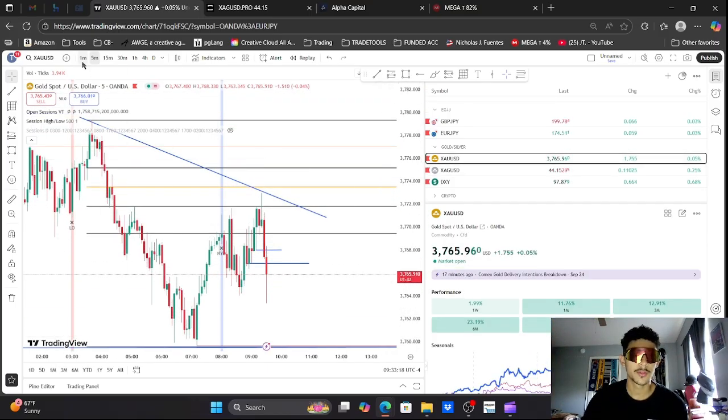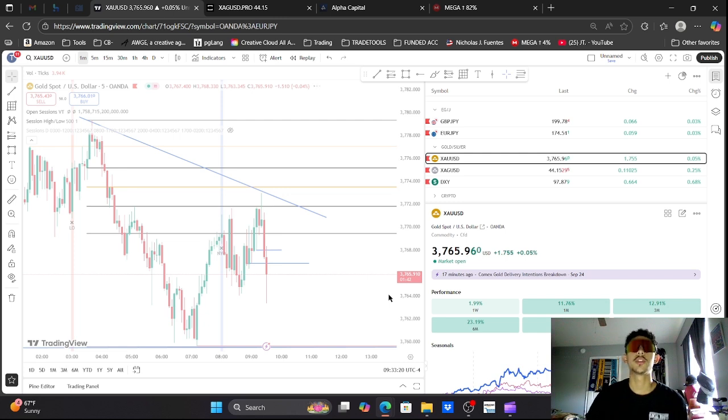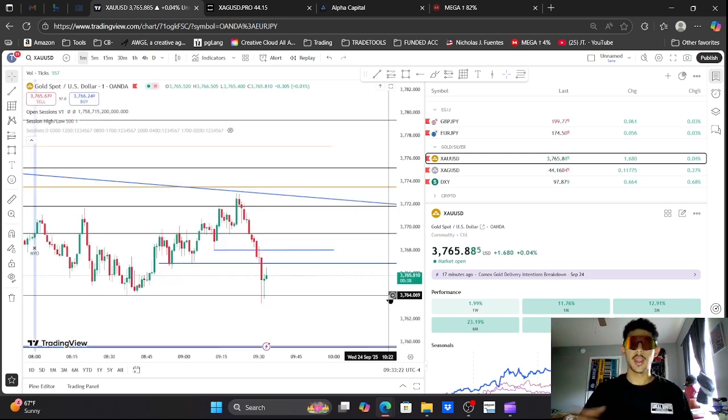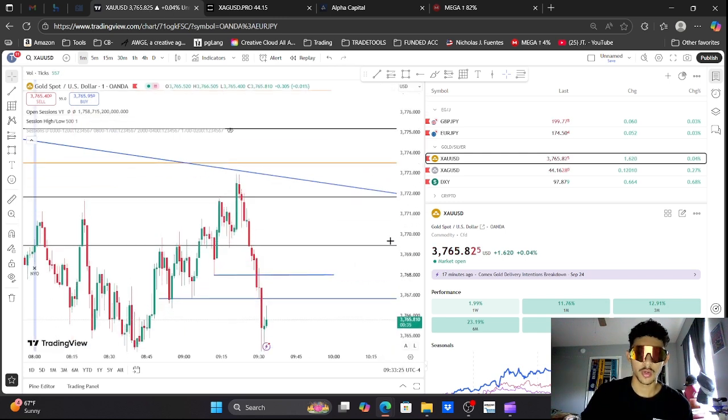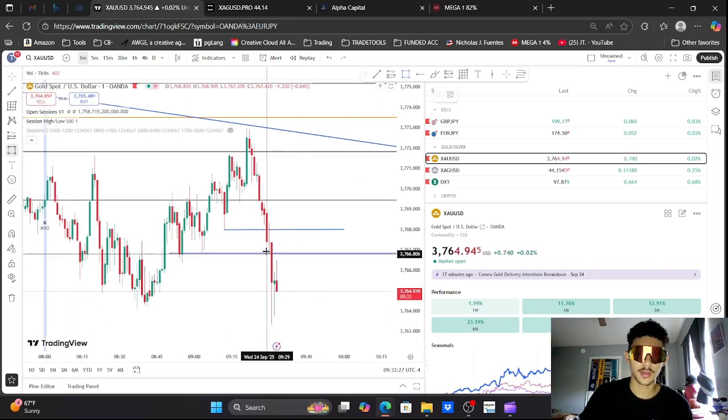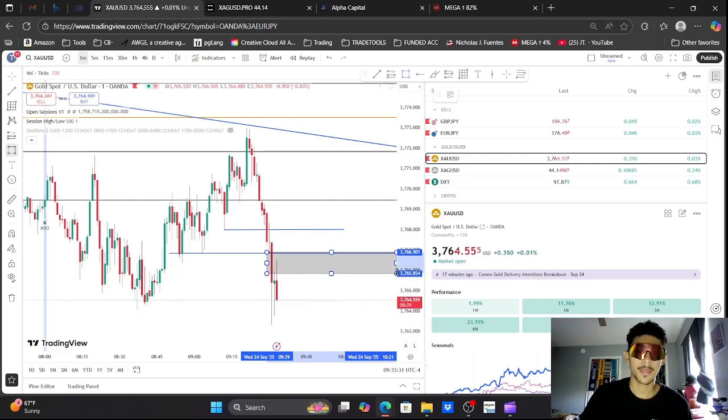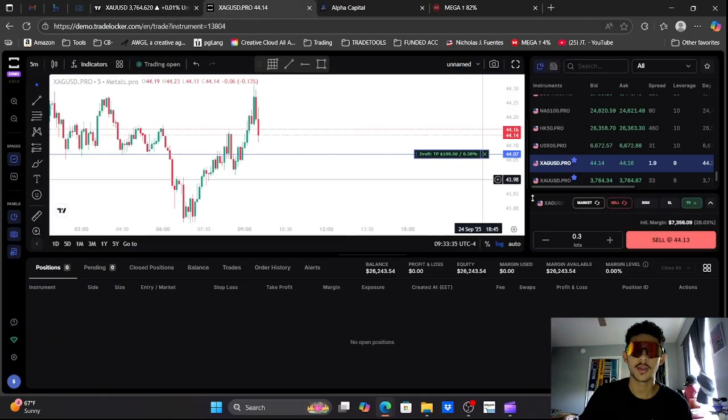And then what I'm waiting for to see out of gold to enter would be a 1 minute retracement into fair value gap, then a reaction, which is exactly what we got.